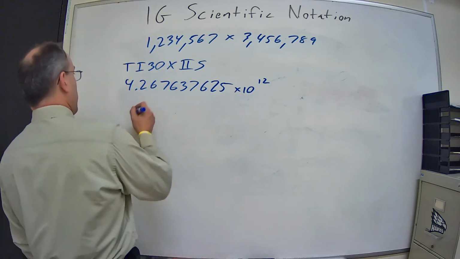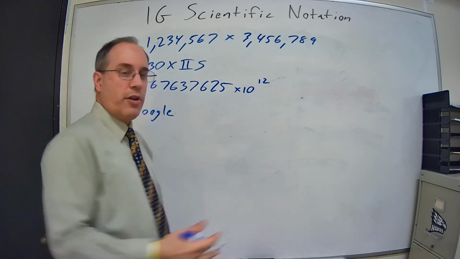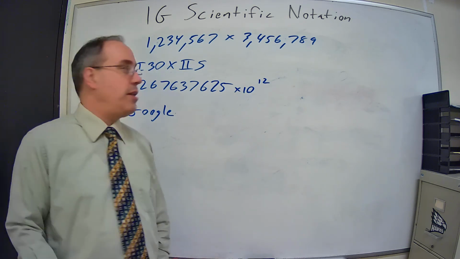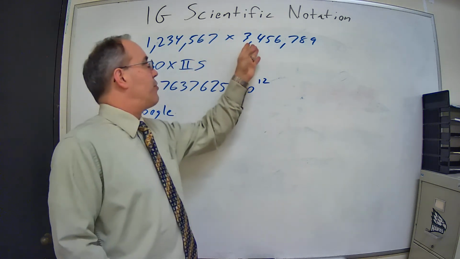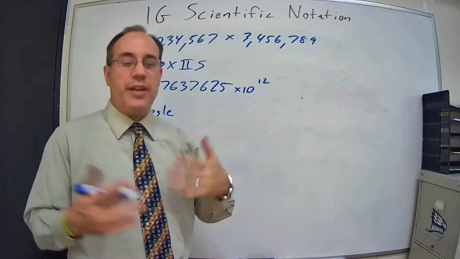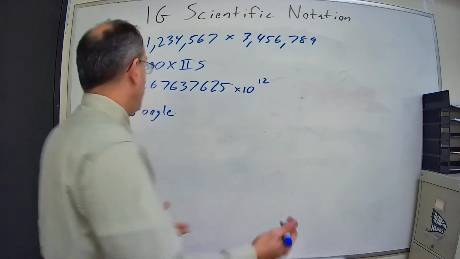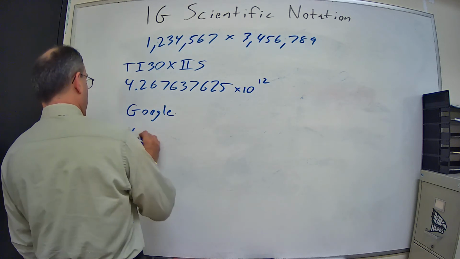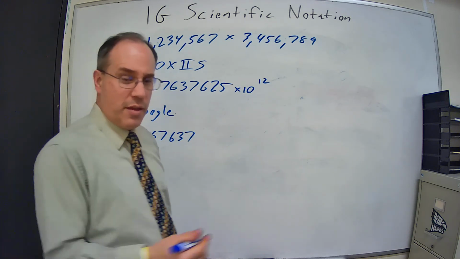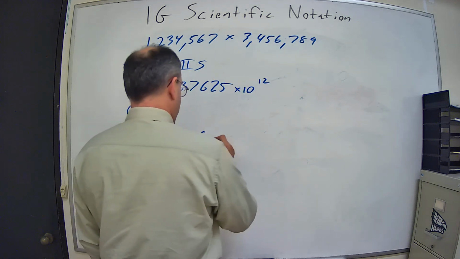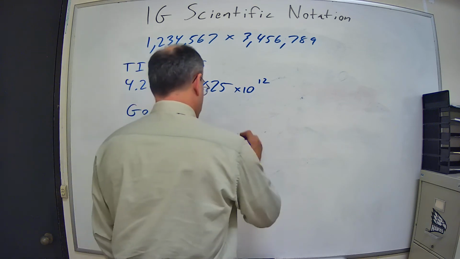What if I go to Google? So if I go onto Google and I type in 1,234,567 times 3,456,789, it pops up a little calculator screen and shows me 4.2676376, and then it shows a lowercase e plus 12.